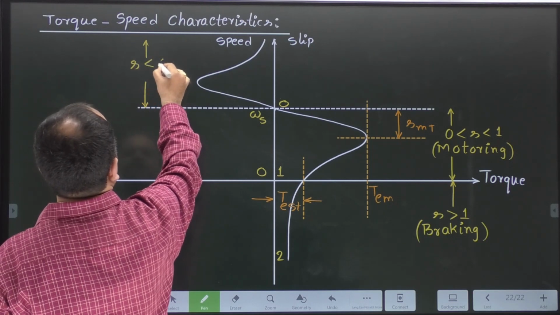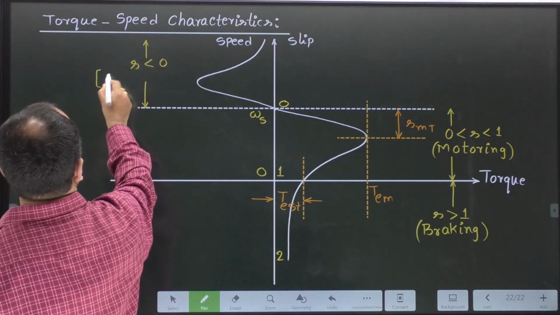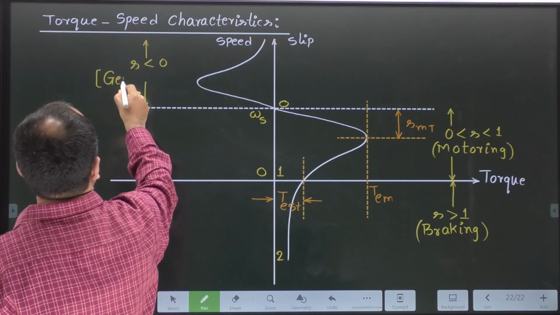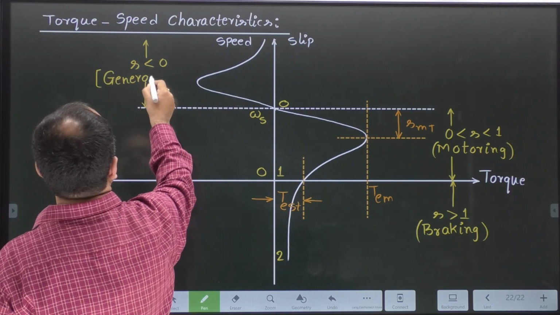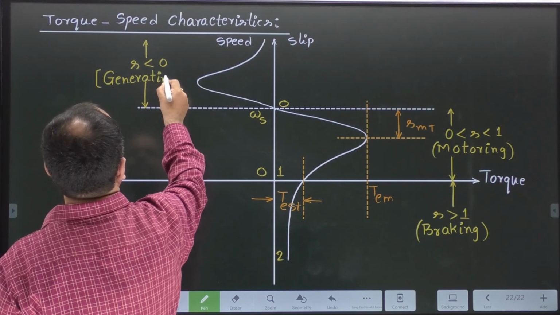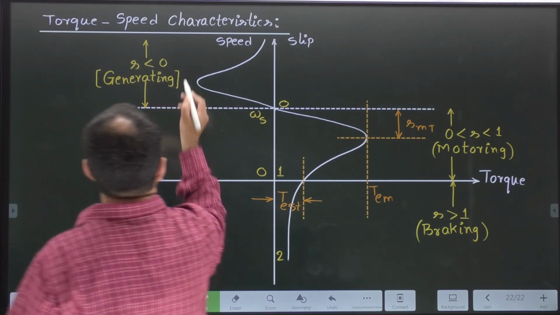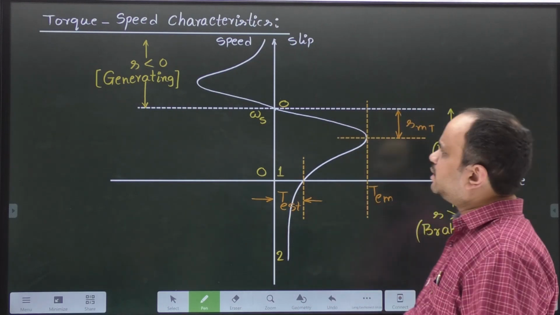Slip is negative or less than 0. This is generating operation.